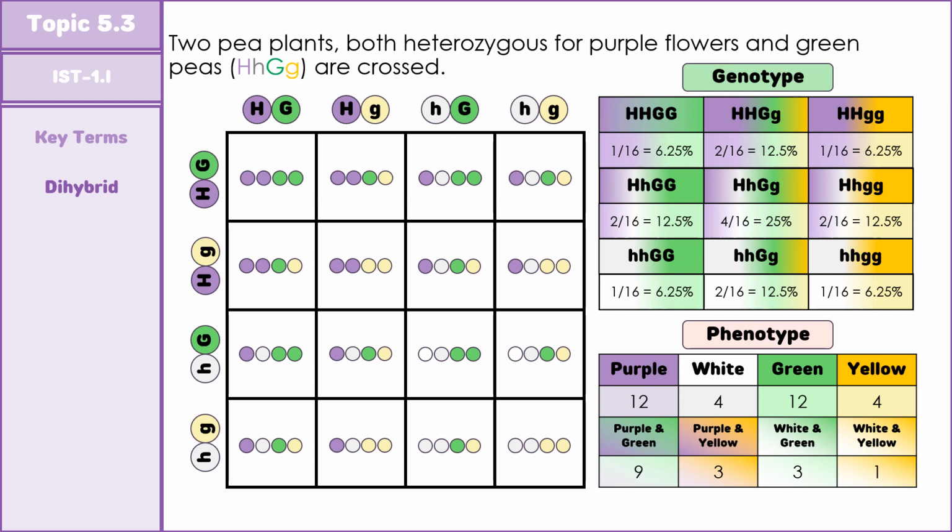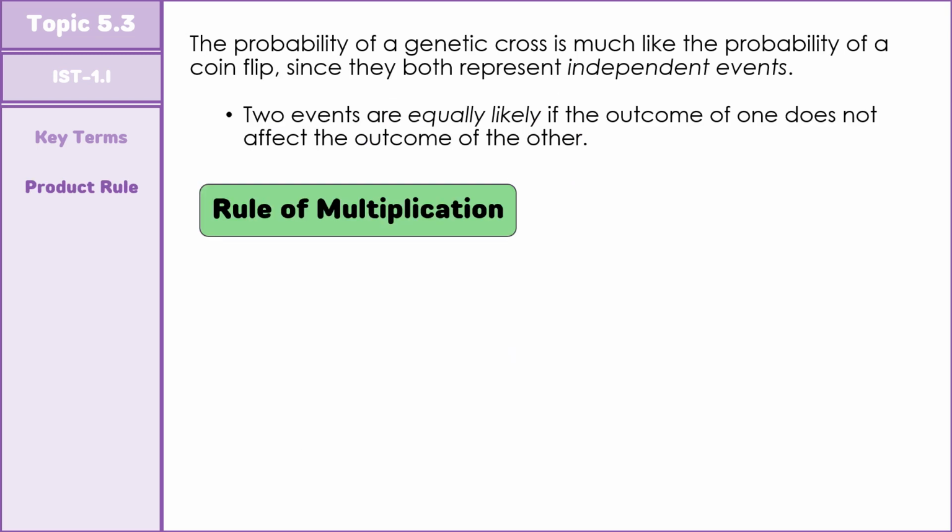The time that you have on the AP exam, sometimes it's a little much to ask students to draw out a full dihybrid cross. You will see that it takes a minute unless you're really fast. So one of the things that we like to do is to introduce the concept of probability.